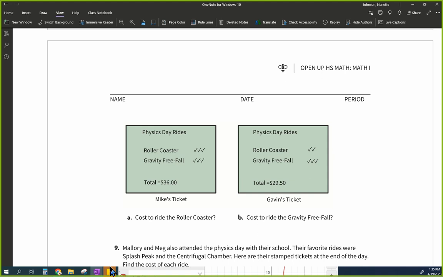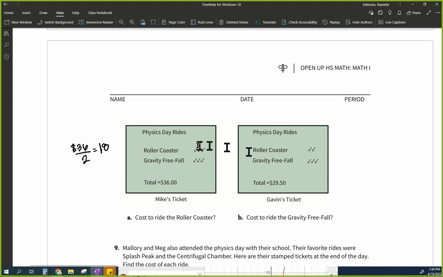Okay. So your method would be true if every single time they rode the roller coaster, it cost the same ticket price. But there's a difference in the prices, and you know that because of this ticket over here. The beginning of what you're talking about is where I thought you were going.